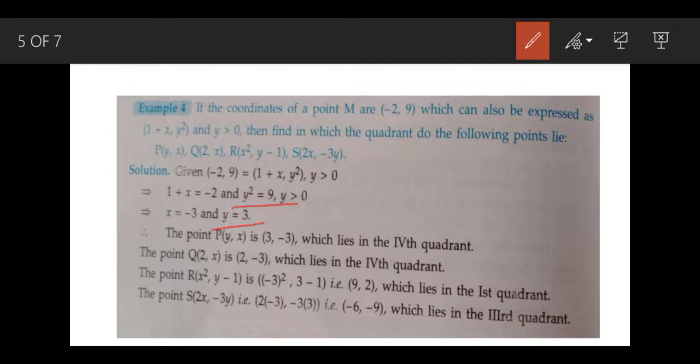But here it is given y is greater than 0. As y is greater than 0, we will take the value as 3. We will omit -3. Now the value of x is -3 and y is 3.